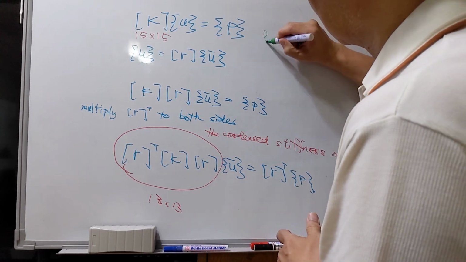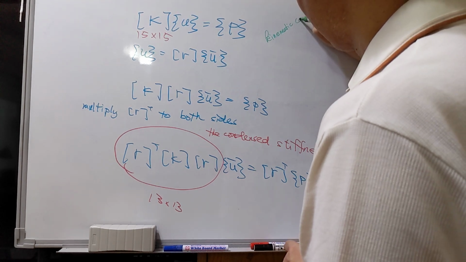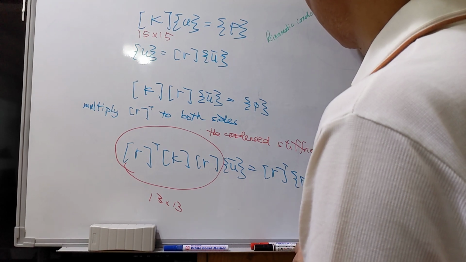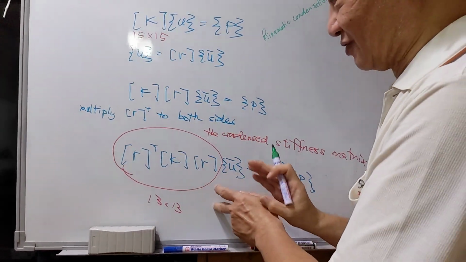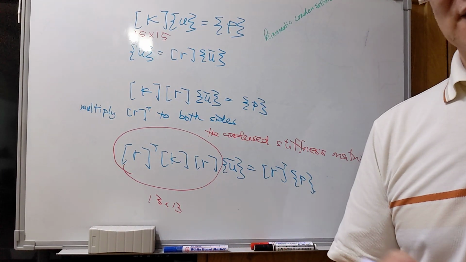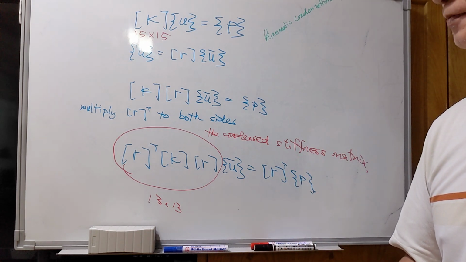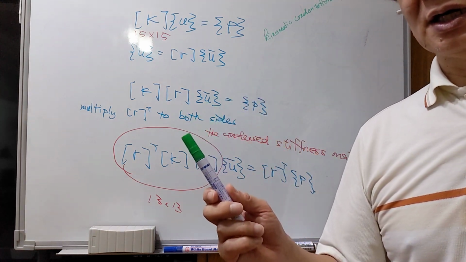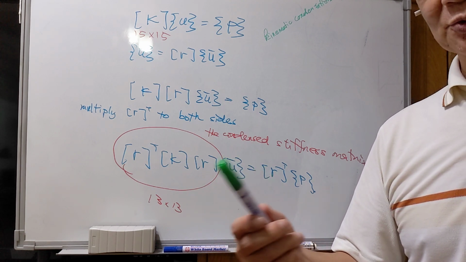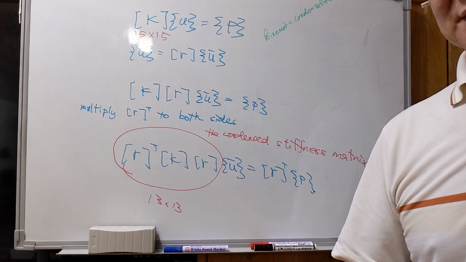Kinematic condensation. Okay, since we got a condensed matrix based on the kinematic conditions, for these example problems the kinematic conditions come from the two elements, whose axial deformation we assume can be neglected.